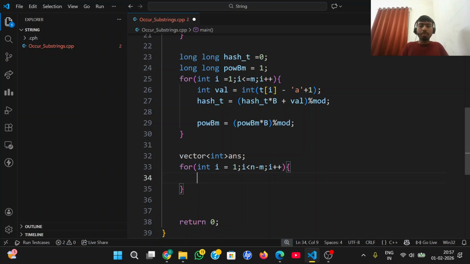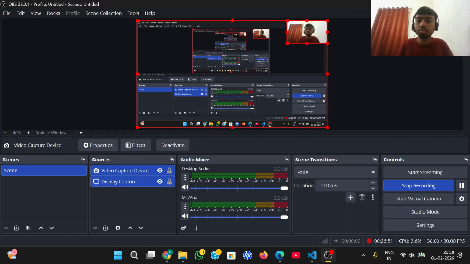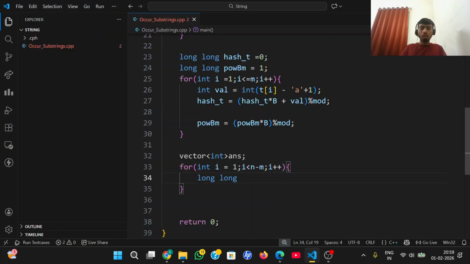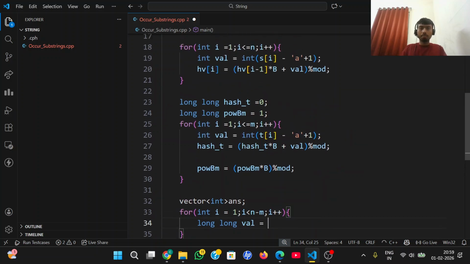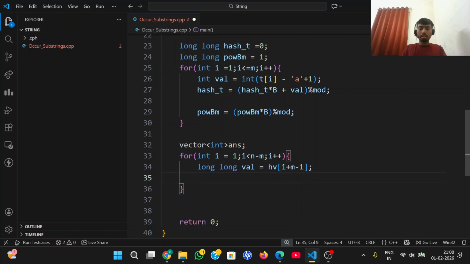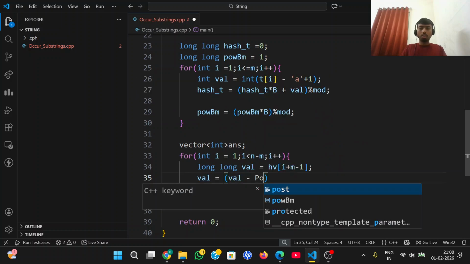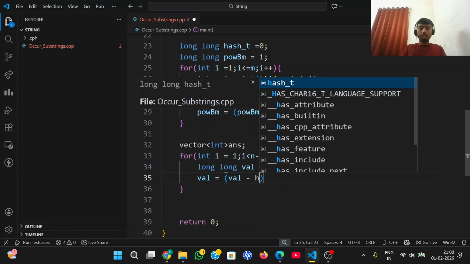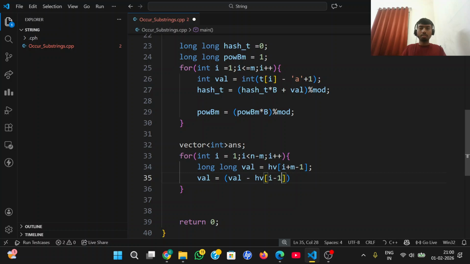So get the hash value of the substring: long long value is equal to hv of i plus m minus 1, and then value is equal to value minus hv of i minus 1 multiplied by pow b of m.